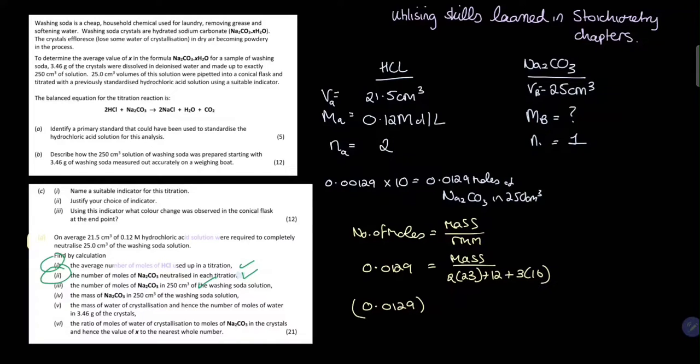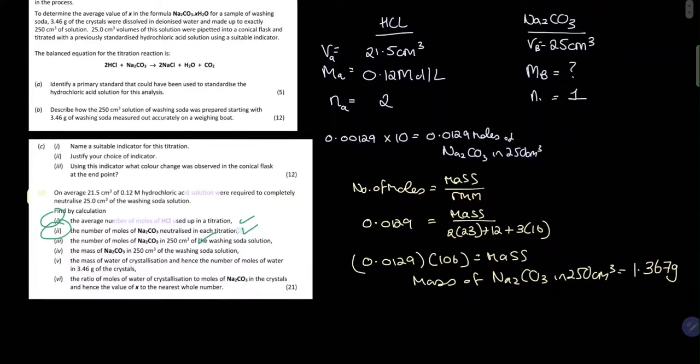And all of that added together works out to be 106 on the bottom line for the relative molecular mass. Bring that across and it turns into a multiply. So the mass of sodium carbonate in the 250 centimeters cubed is 1.367 grams. And that's the fourth one done.